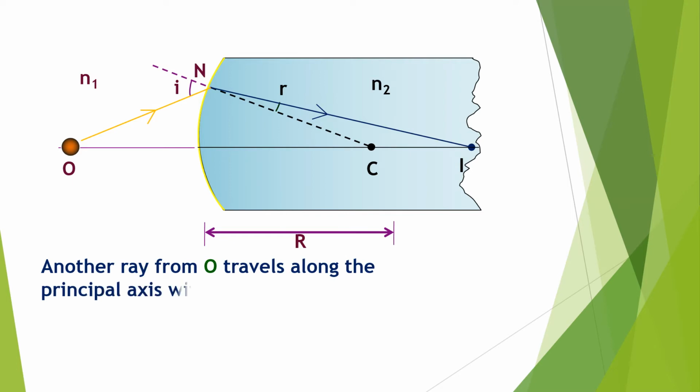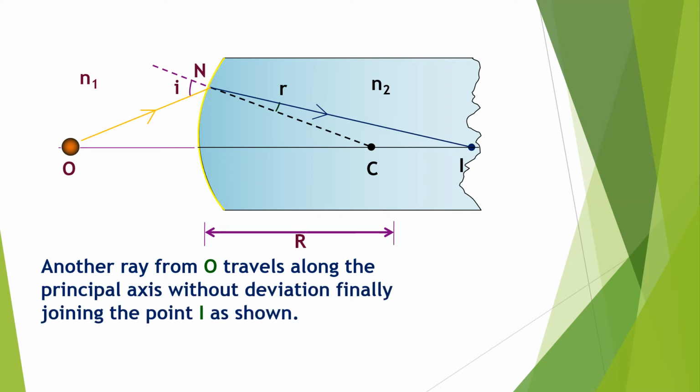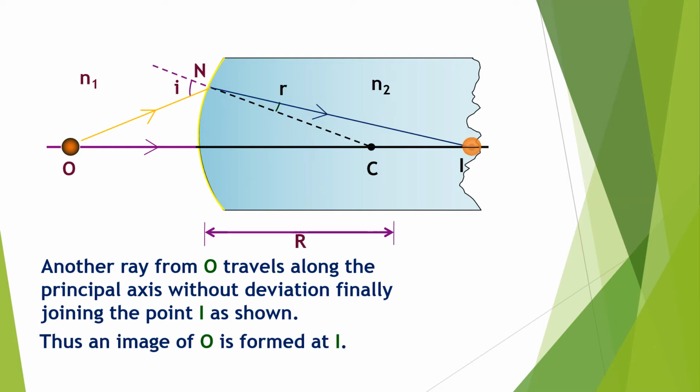Another ray from O travels along the principal axis without deviation, finally joining the point I as shown in the figure. The ray from O towards the center of curvature is a normal incidence, therefore normal refraction is the case. When both rays meet at a point, the perception of the object appears there. That is known as the image. Thus an image of O is formed at I.